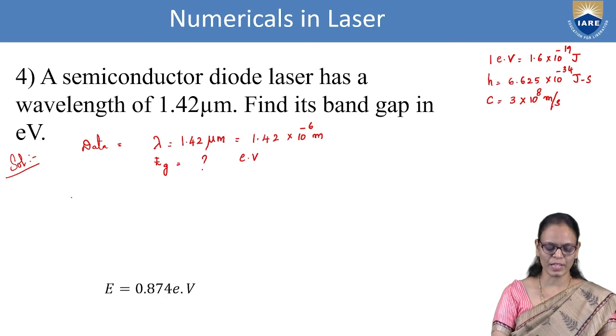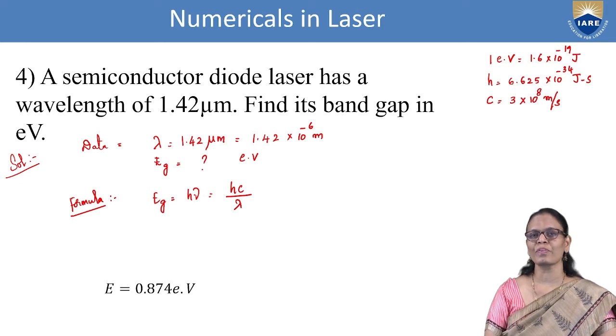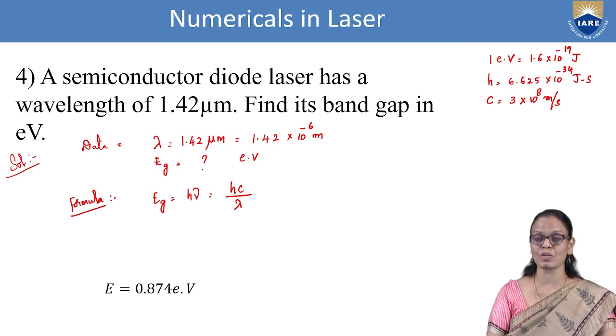So we'll use all this, write the formula. Eg is equal to h nu or hc by lambda. Because we don't know nu, we will write the value of nu in terms of known values, that is in terms of wavelength lambda. So Eg is equal to hc upon lambda.